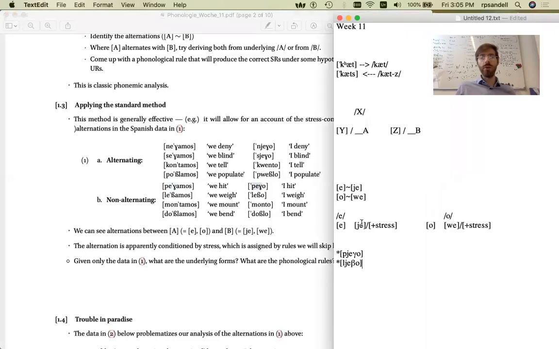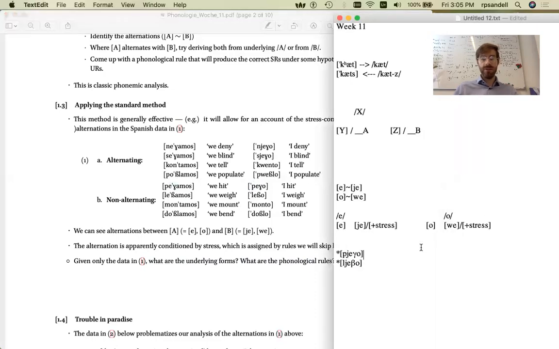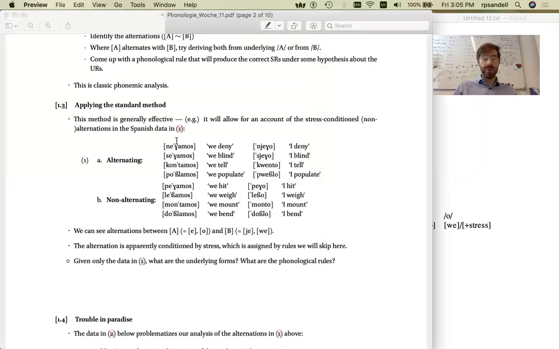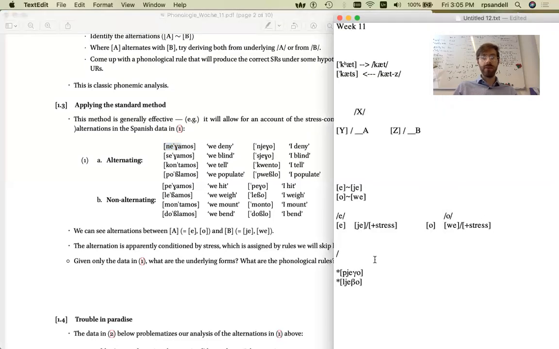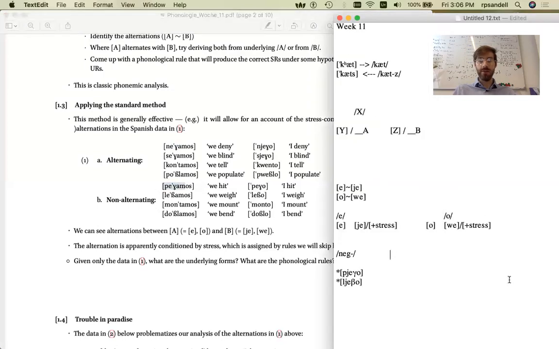So our issue here is, what sort of underlying forms are we going to be able to posit here? Well, it's evident that for the stem of the verb niego, we choose an underlying representation with a vowel e, and for the verb pegar, we similarly need to choose the vowel e.